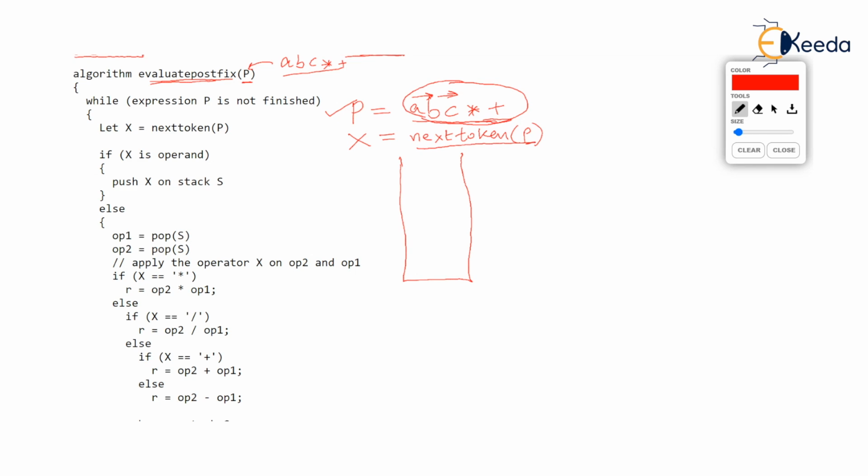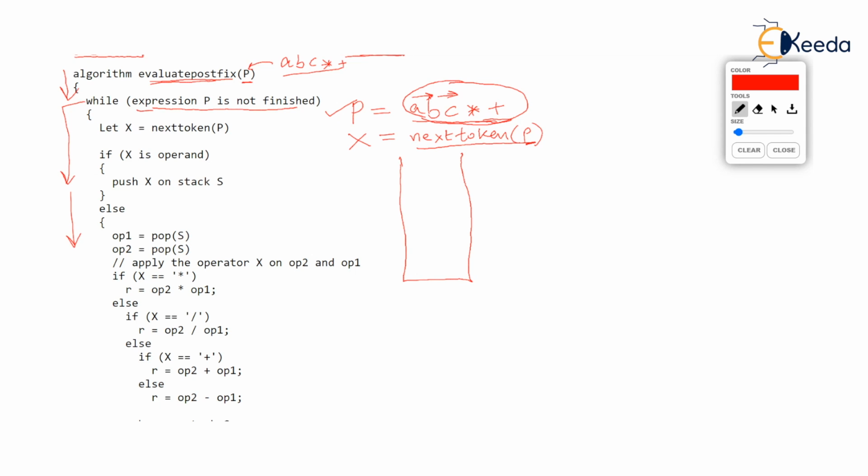P is the postfix. When the algorithm starts, the entire algorithm is controlled by the while loop. So when this while will end, the algorithm will end. And the while boolean expression is: while expression P is not finished. Look at this, we can write such conditions in the algorithm. It's as if we are writing some English paragraph.